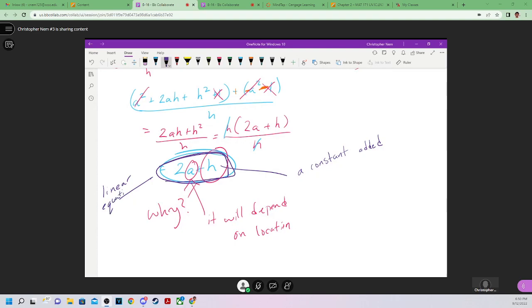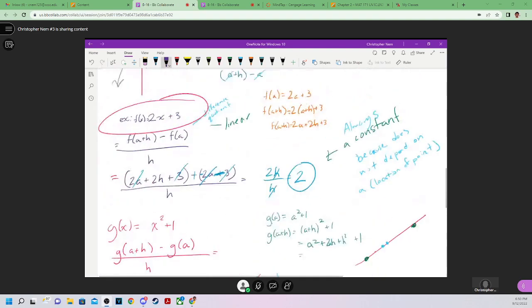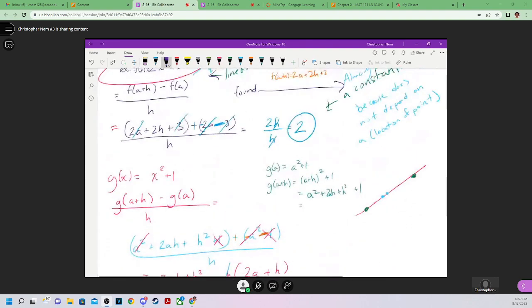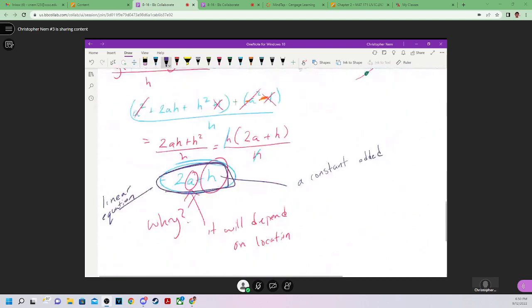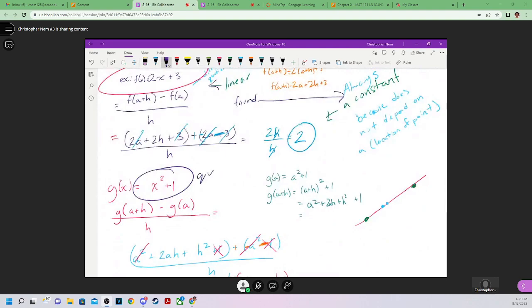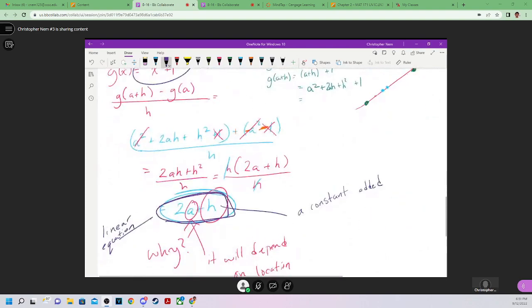This is very strange. So earlier when we had a linear equation and we found the instantaneous rate of change, we got a constant. However, when we did a quadratic over here, x squared plus 1, when I did my instantaneous rate of change, I get a linear equation. So that's going to bring in an interesting rule.